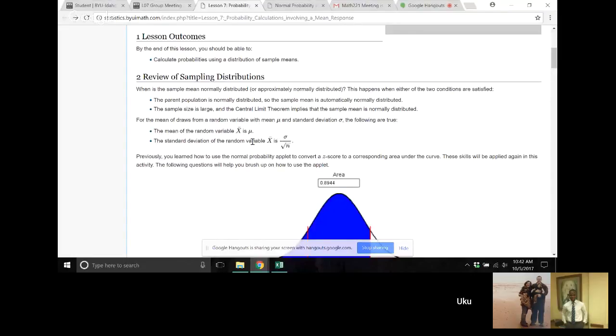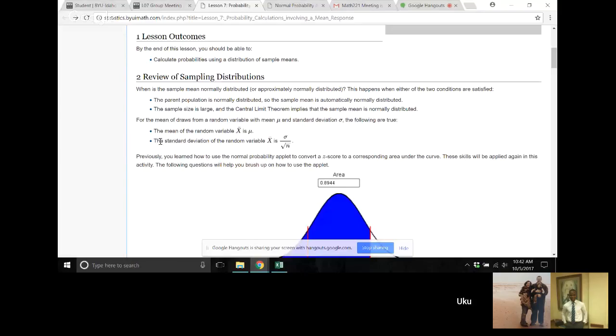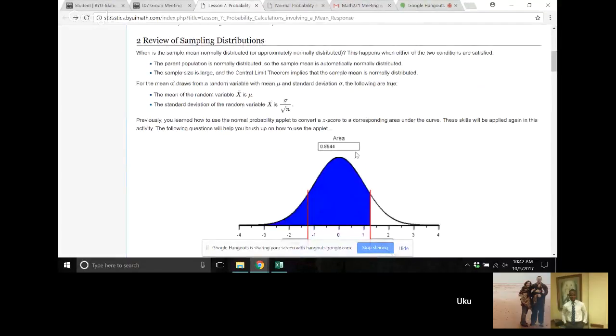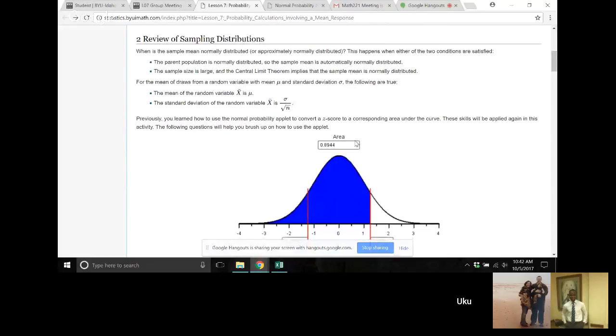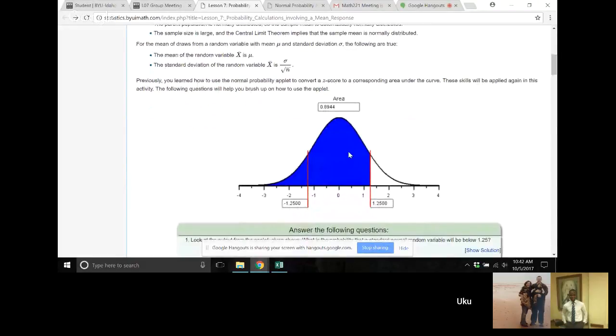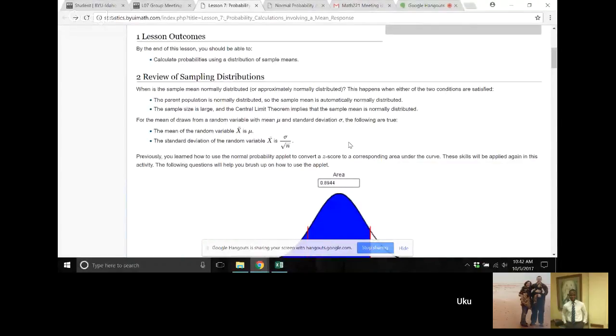Can you guys see my screen? Uh-huh. Let's see, where is it? Review of sampling. No, I can't see the screen. Okay, there it is.